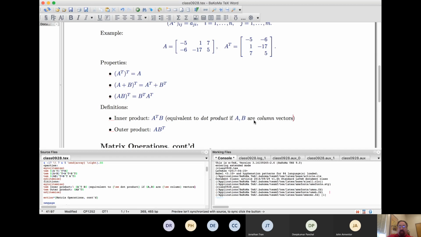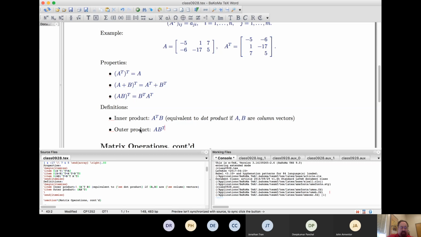So if A and B are column vectors, and by convention we often write vectors as columns, then this is the same as a dot product operation where you're multiplying corresponding elements of the vectors and then adding them all up. And we'll see more of these operations when we get to the problems.